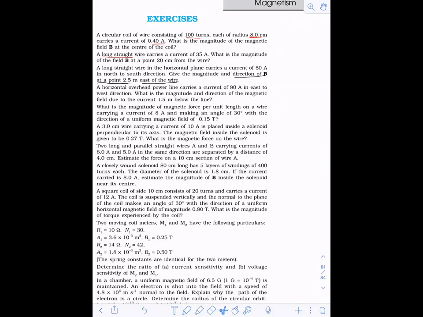Now, what is question number 4? A horizontal overhead power line carries a current of 90 ampere in east to west direction. Okay, so I guess this is also the same thing. Now the wire is from east to west, so it is in this direction.